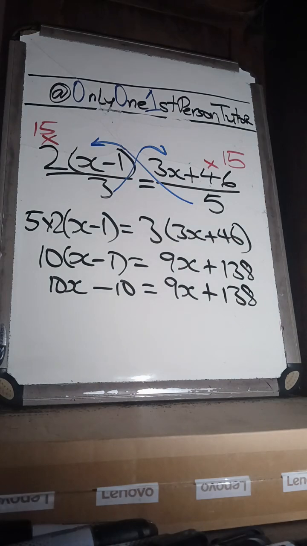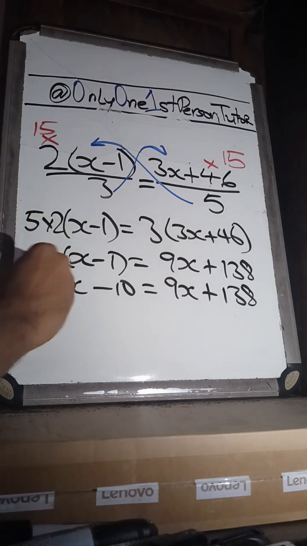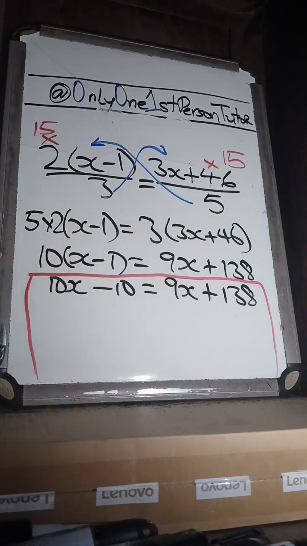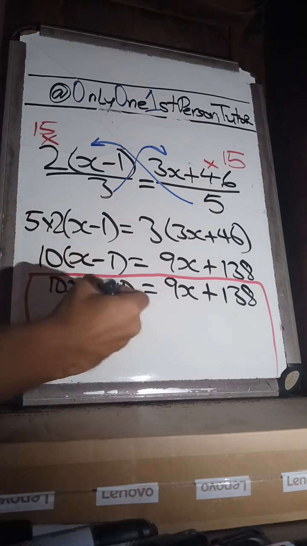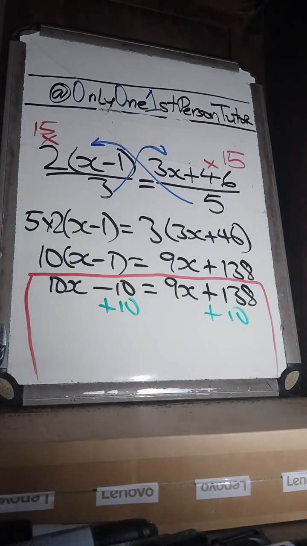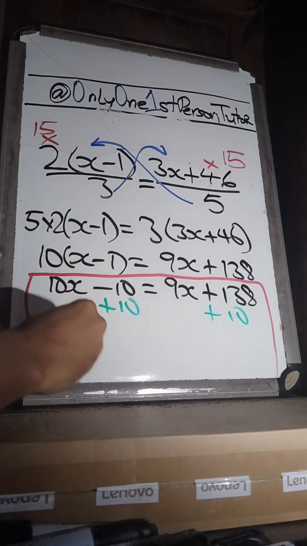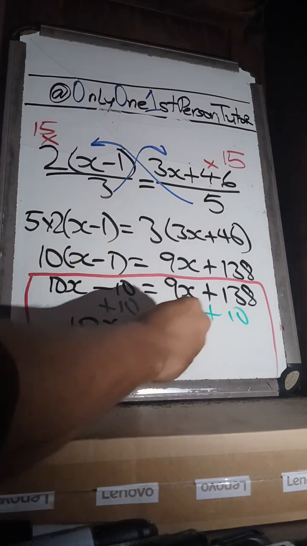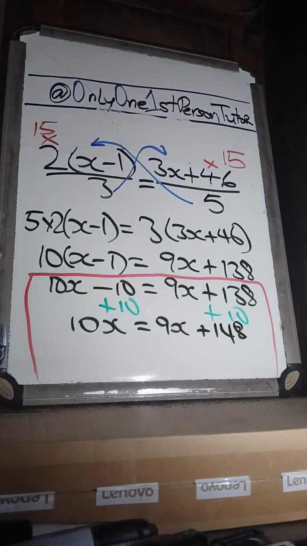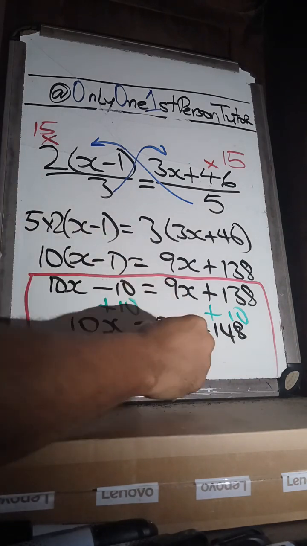I know this is a breeze. So what we have here? We have 10 here. 10 here. So we have 10x equals that right there. Then we minus 9x from both sides.